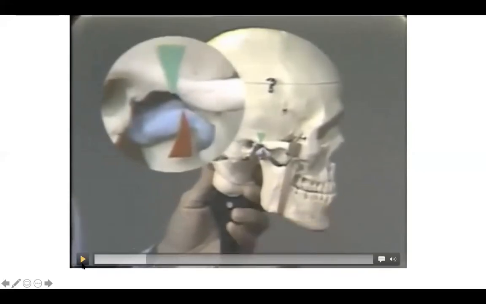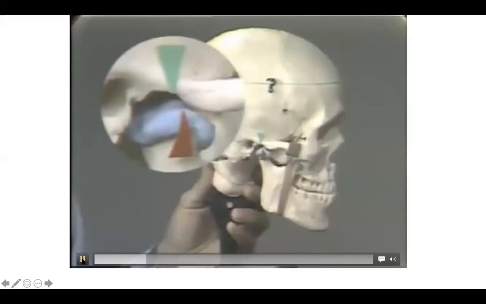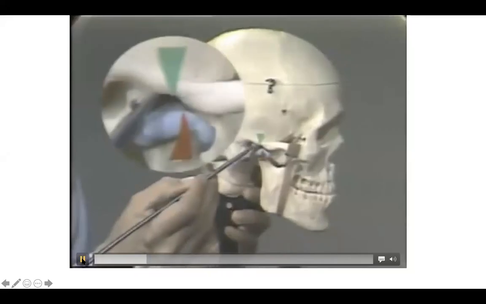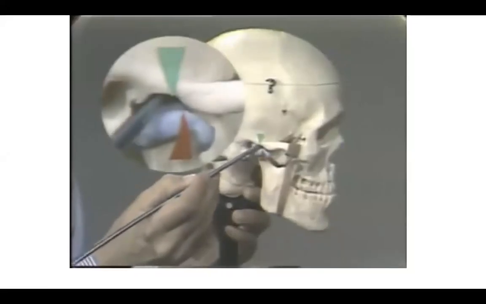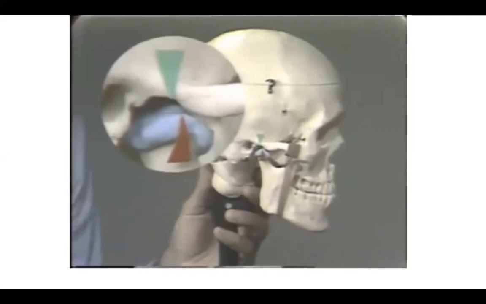Can you see over here the extent of the influence of the condylar guidance on the movement of the mandible? In this picture, it's very clear that the extent of this slope is going to direct how the mandible moves in the protrusive movement. And it is guided by the posterior slope of the anterior slope of the eminence.